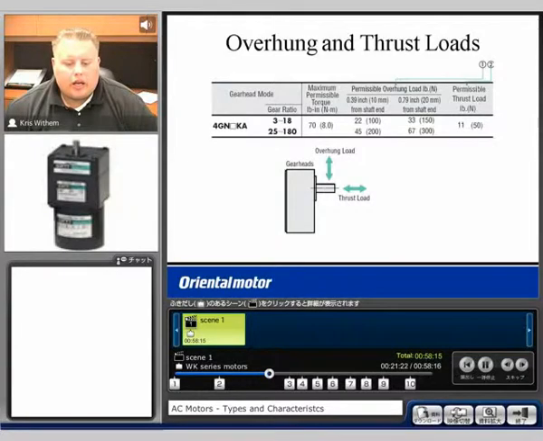We talk about in our catalog a lot about overhung and thrust loads. Thrust loads and overhung loads are important to take into consideration, especially when looking into different types of mounting orientation of the motor. Overhung load is exactly how it sounds. If we take a look at the gearhead that we have here, this amount of overhung load that's displayed is in a vertical position.